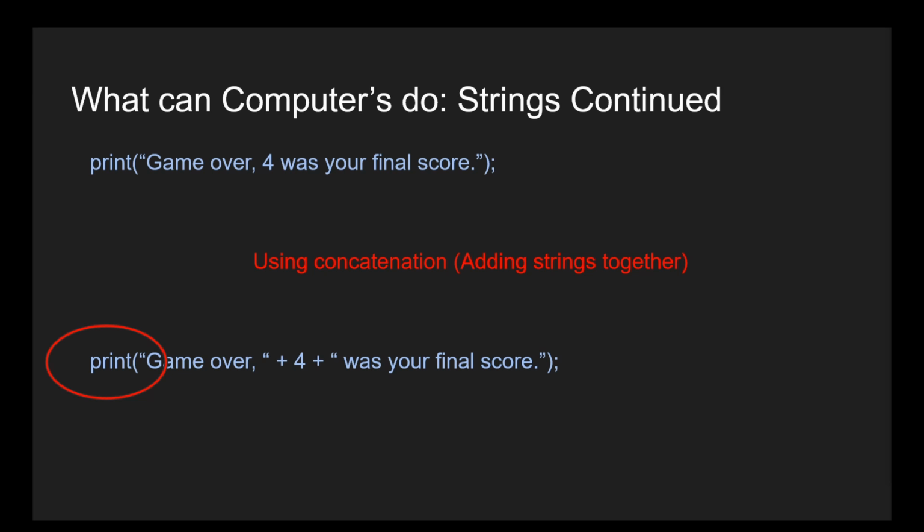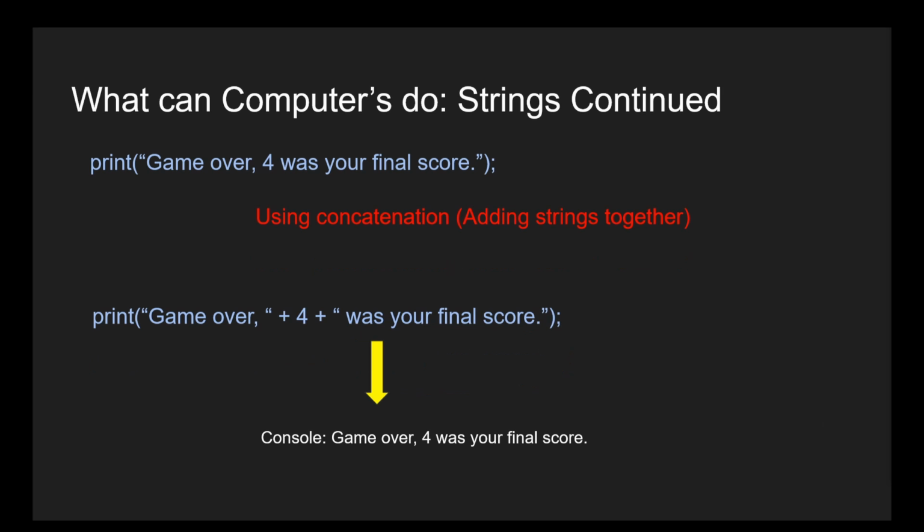Inside the print statement, we start off by printing the string "game over." Now here comes the important part. From there we use a plus sign and add 4 to the print statement, just like if you were adding two numbers. Then we can repeat this process with another plus sign for the final string "was your final score," and we are able to print out the entirety of our statement easily.